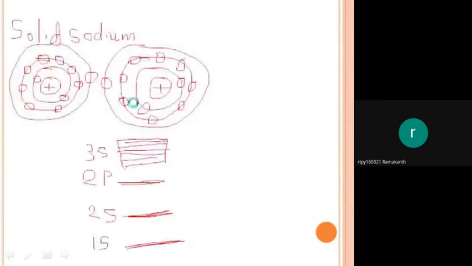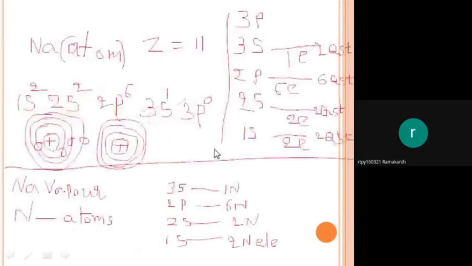These are the energy level picture when you have only one atom. Now if we have a sodium vapor, for example 1 gram of sodium vapor contains Avogadro number of atoms, and these are the same energy levels.